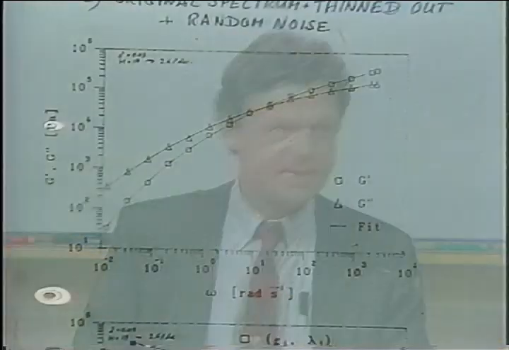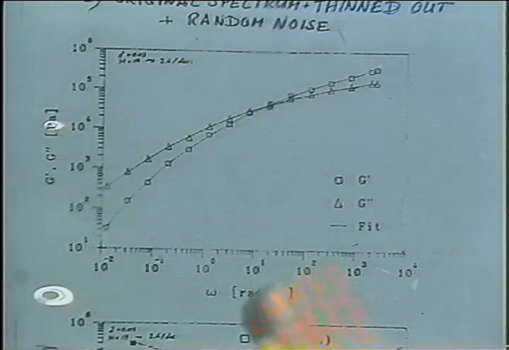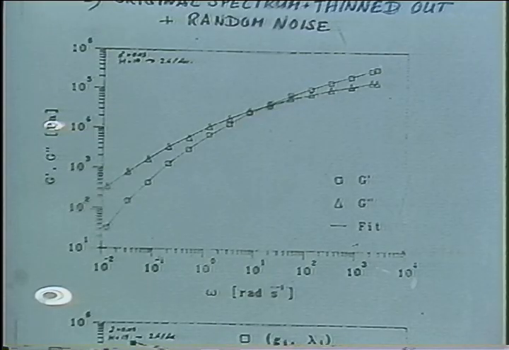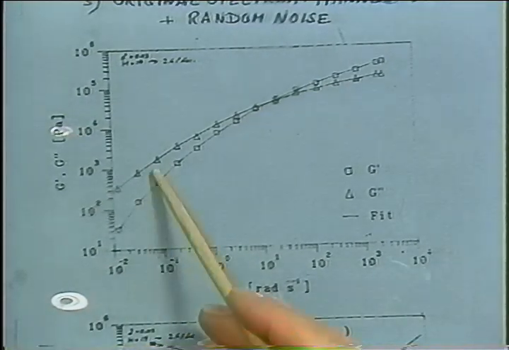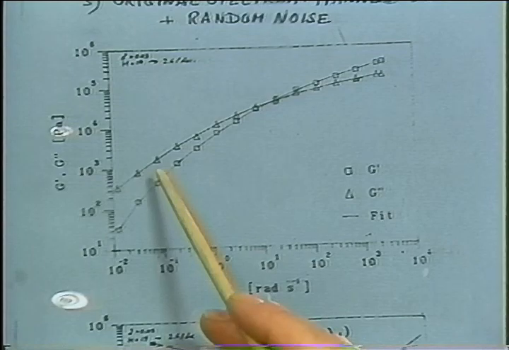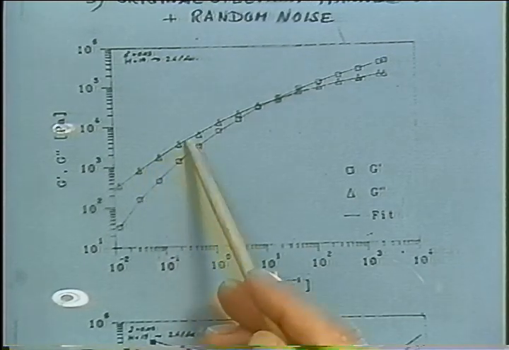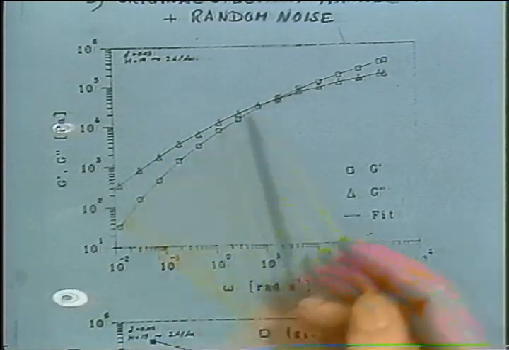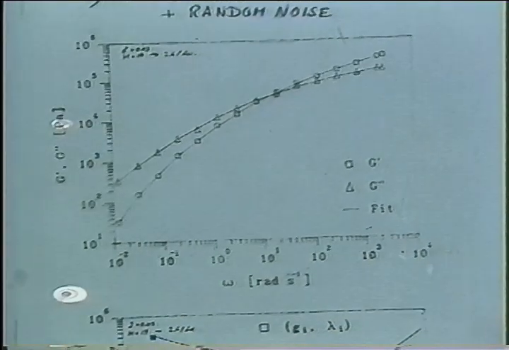Let's do some more damage to the data and see what happens to our conversion. We will thin out the data set now. We just take our data points from our set here, and then we calculate relaxation modes from that.